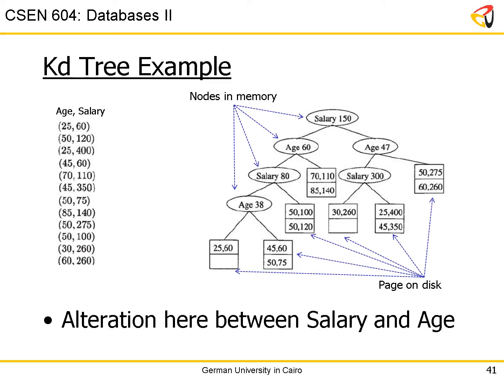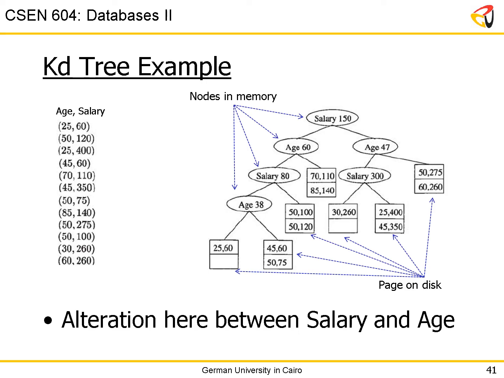Okay? Now, what you see here is the construction of this KD tree after I have inserted several rows. So it starts from an empty tree when the table is empty, and once you start inserting rows, you insert the row in the page of the table, and then you insert an entry here in the index in the specific page on disk, and you have a reference which is currently missing from this chart.